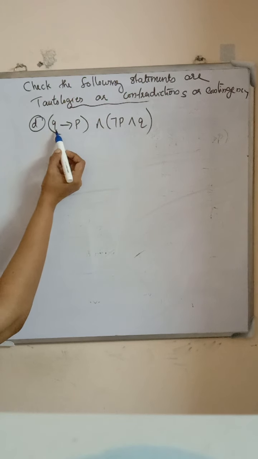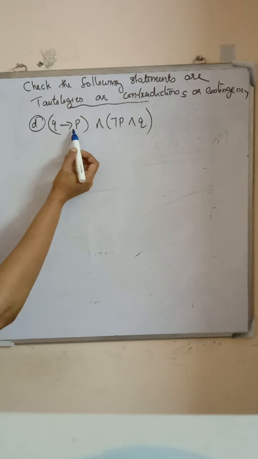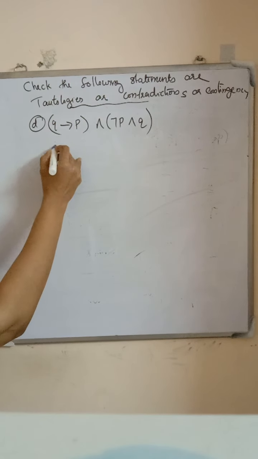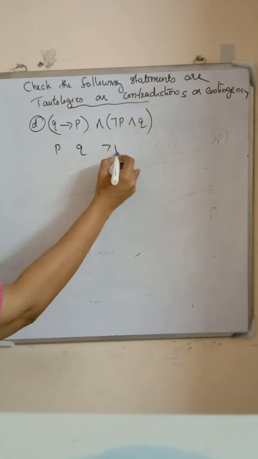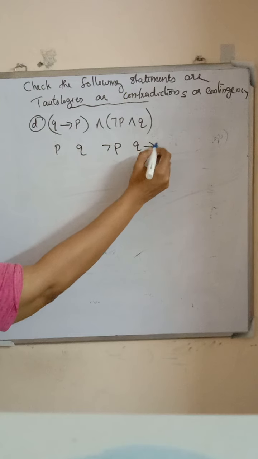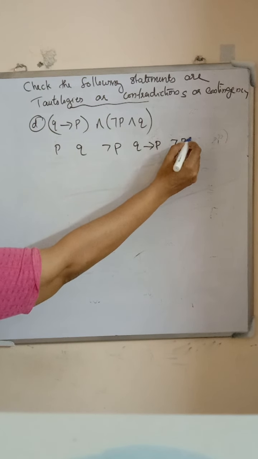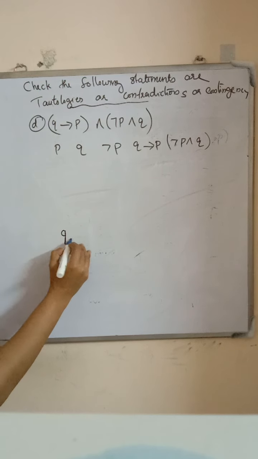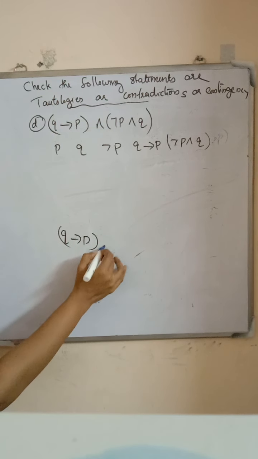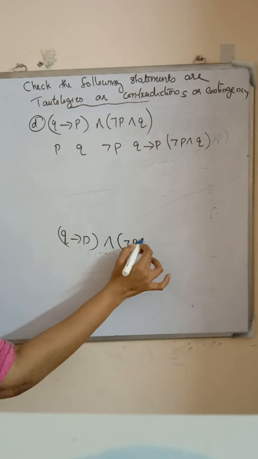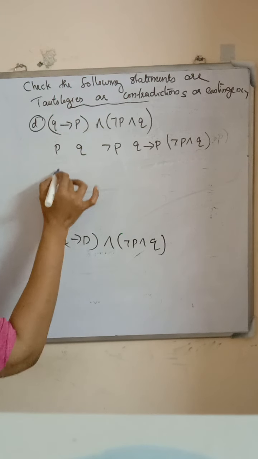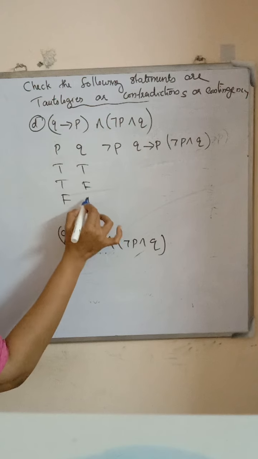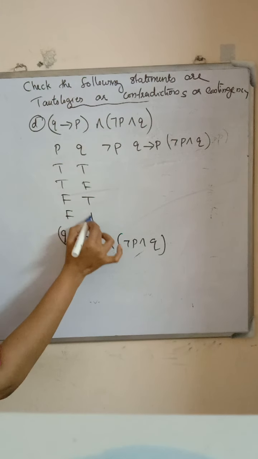Next statement is P conditional, Q conditional P, and negation P and Q. P, Q, negation P, Q conditional P, negation P and Q. Both are true; first one true, second false; first false, second true; both false.